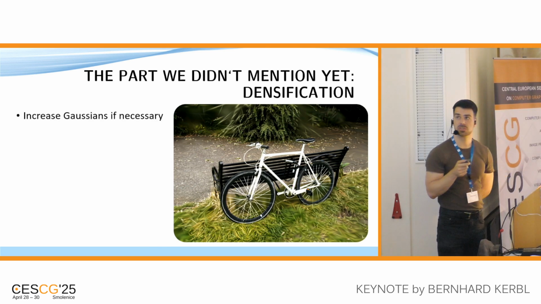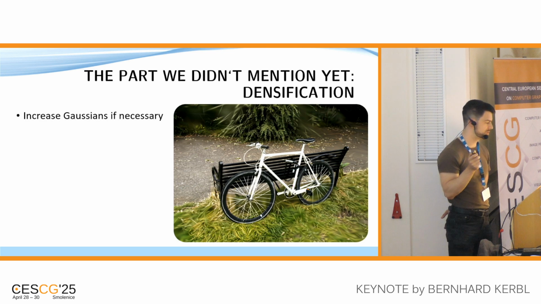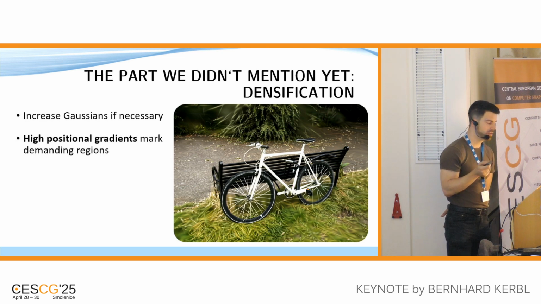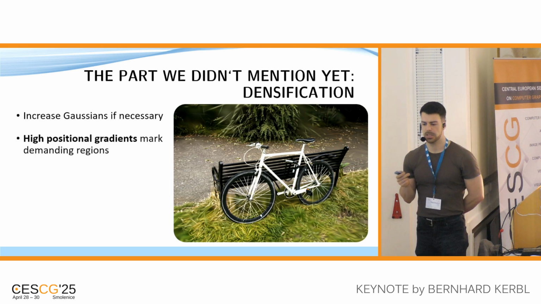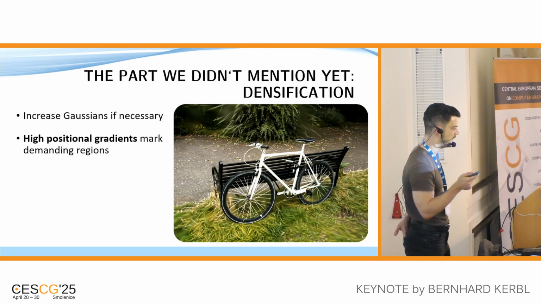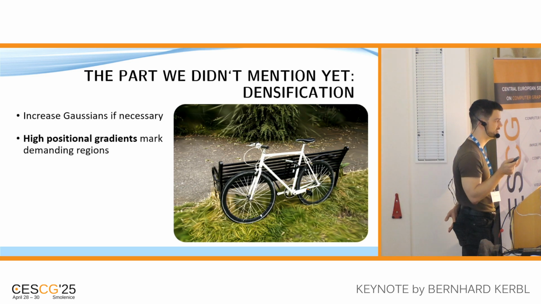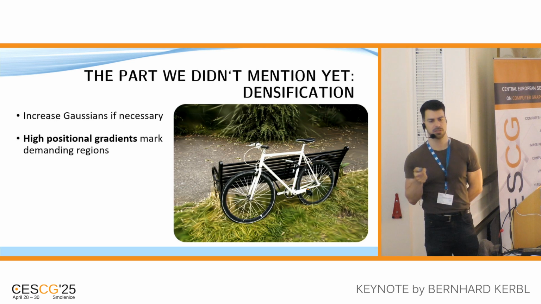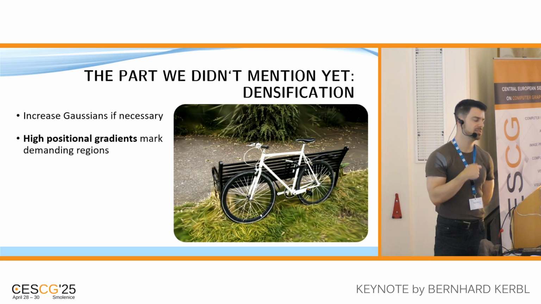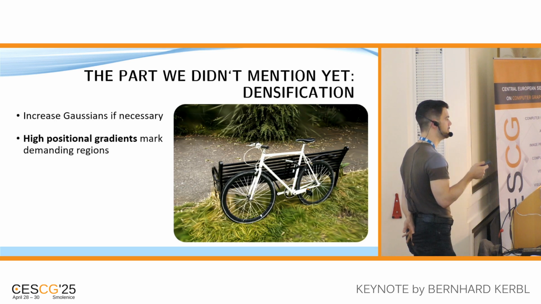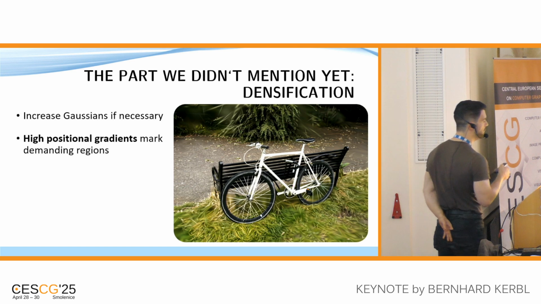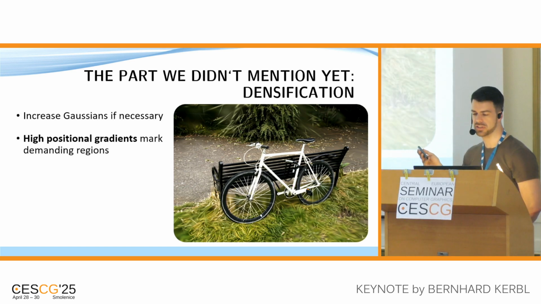They get there because we increase the number of Gaussians whenever it is necessary. So we do this by, during the optimization, looking at what the Gaussians are doing. And when there is a high positional gradient in the optimization, we assume, well, there's a lot of movement going on. Why is there a lot of movement going on? Because those Gaussians cannot seem to fit what they are trying to fit.